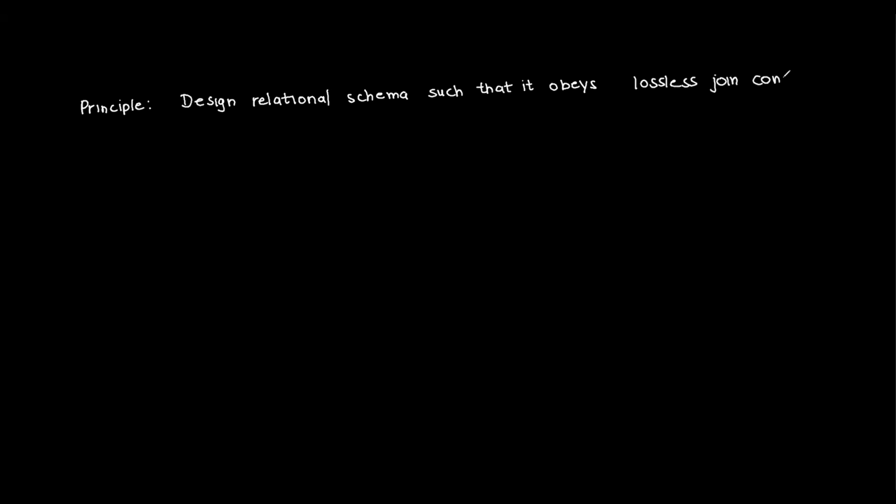So what is the principle? Well, the principle is design the relational schema such that it obeys the lossless join condition. This is the principle of guideline 4.